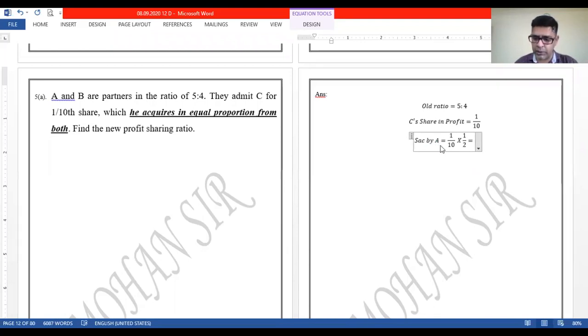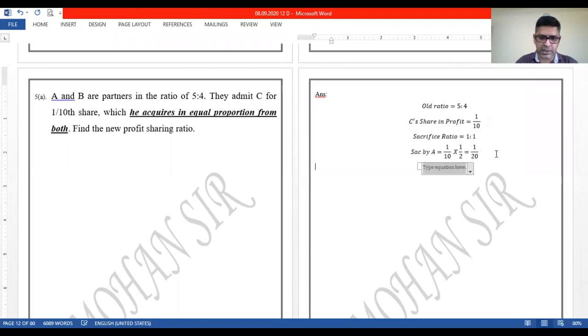Okay, so that will be equal to 1 by 20, right? Let me write over there one more thing. Sacrifice ratio is equal to 1:1 because the word equal is used. Fine. The sacrifice by A has been calculated in the same way.